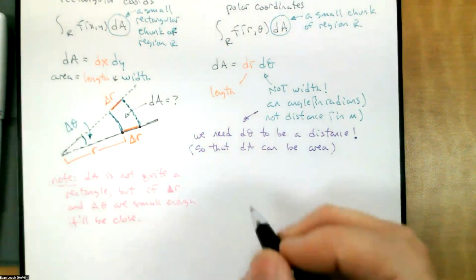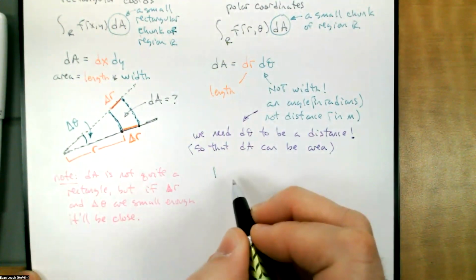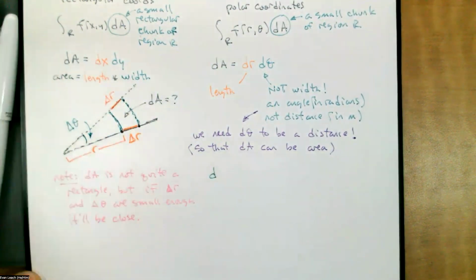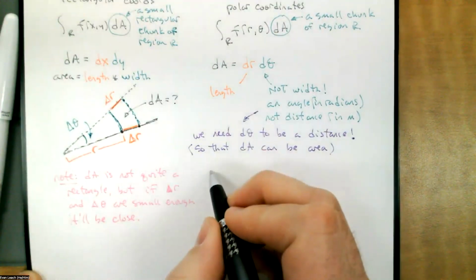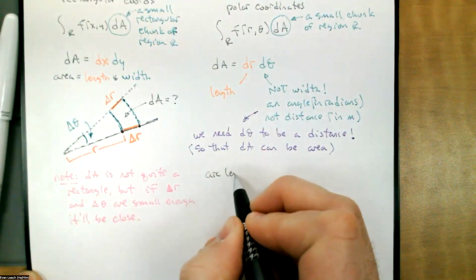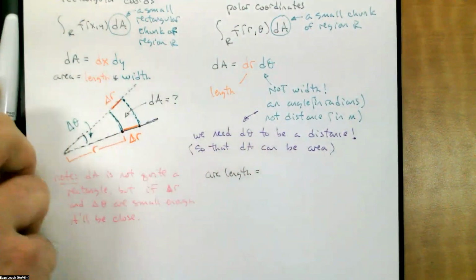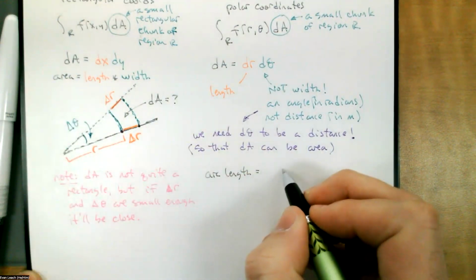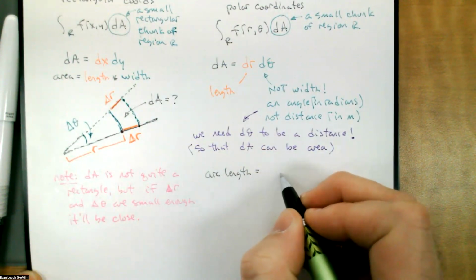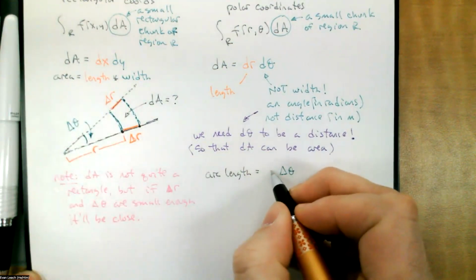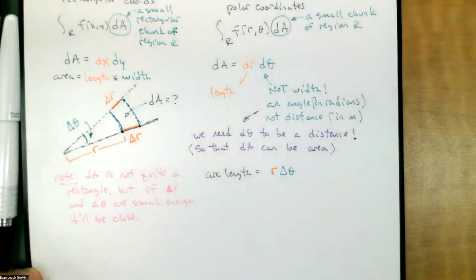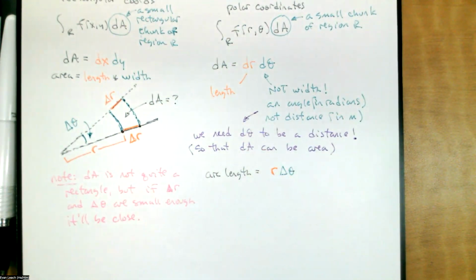And we'll say that d theta, we'll just say arc length is going to be the change in angle times the radius. So we're just going to build the arc length with r times d theta.